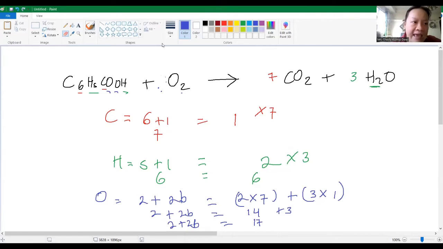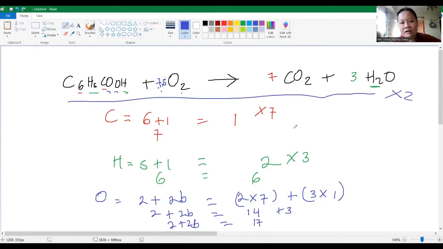But in balancing equations, you will never give it in decimal points. So you have to times it by 2 for all of this reaction.